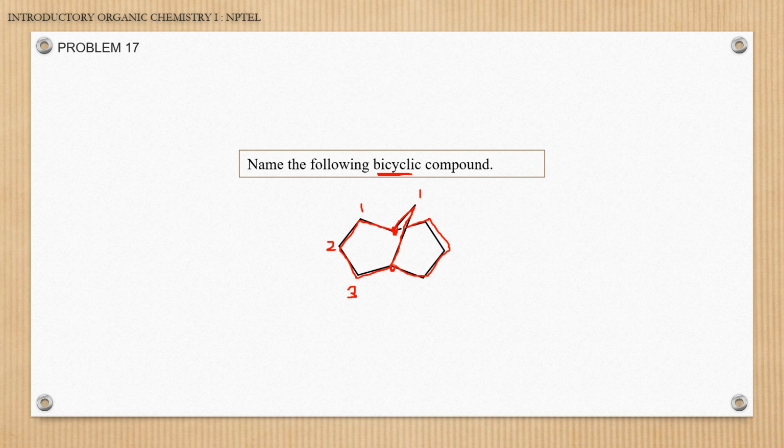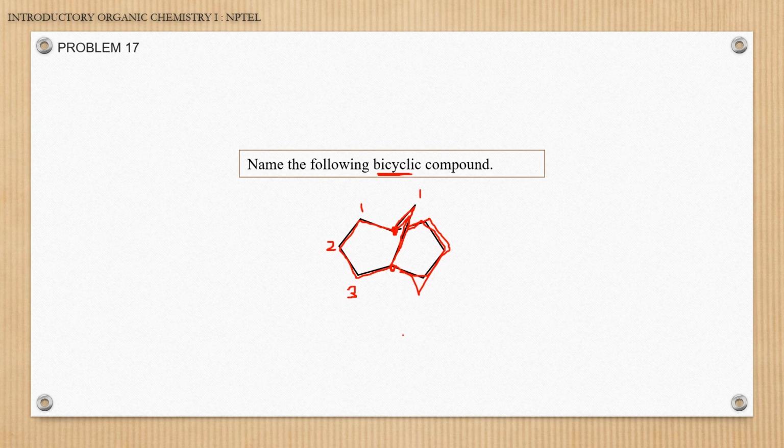So here, the first ring has three carbon atoms. This ring has only one carbon atom. This ring also has three carbon atoms, right? Now I have told you, you have to arrange these three numbers from higher to lower.